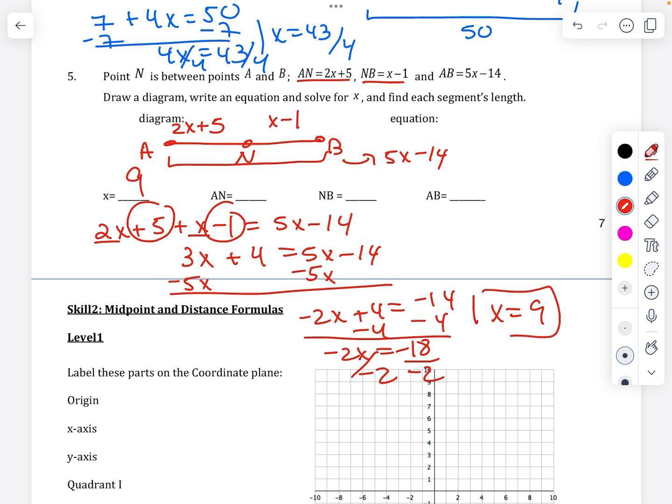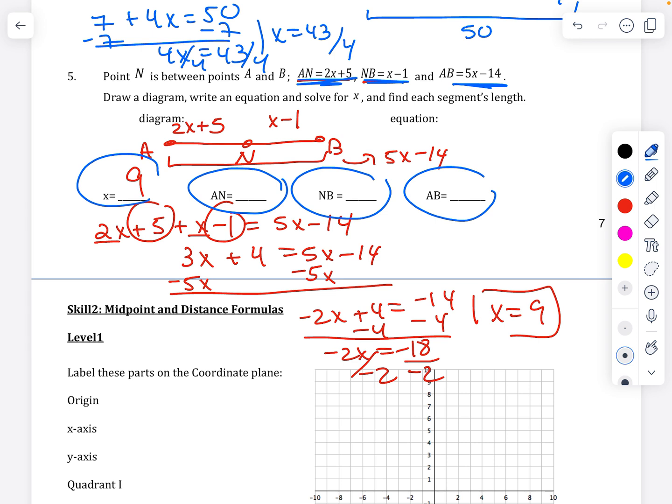Okay, so there's my x, but notice I asked you for 3 other things. I want AN, NB, and AB. We already know what those are, but those have x's in them. Now that we know x is 9, we can figure those out. So instead of 2x plus 5, I'm going to replace the x with the 9.